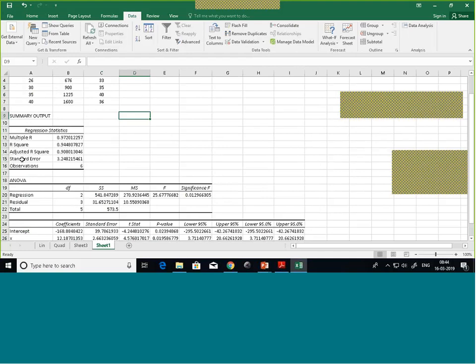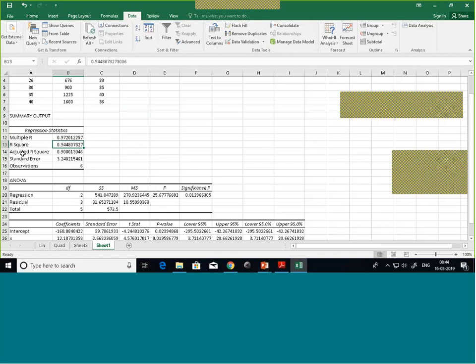So the first one, because we are treating it as a multiple linear regression model, we will have two coefficients of determination. One is R square, that is how much? Around 95%. So 95% is your coefficient of determination.